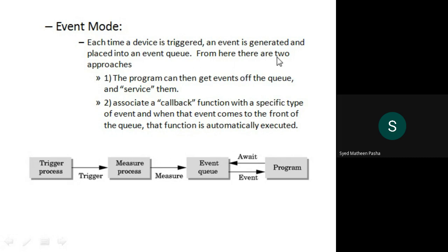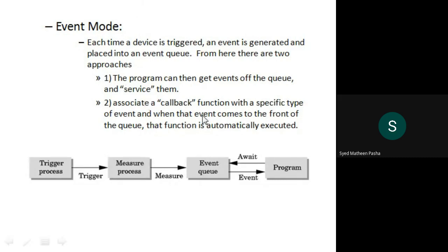From here, there are two approaches. Once you have an event queue, and a device is triggered, we have two approaches. What is the first approach? The program can get events off the queue and service them. That is, the program waits for the user's instructions and it will come out of the queue with respect to the event and then execute them.